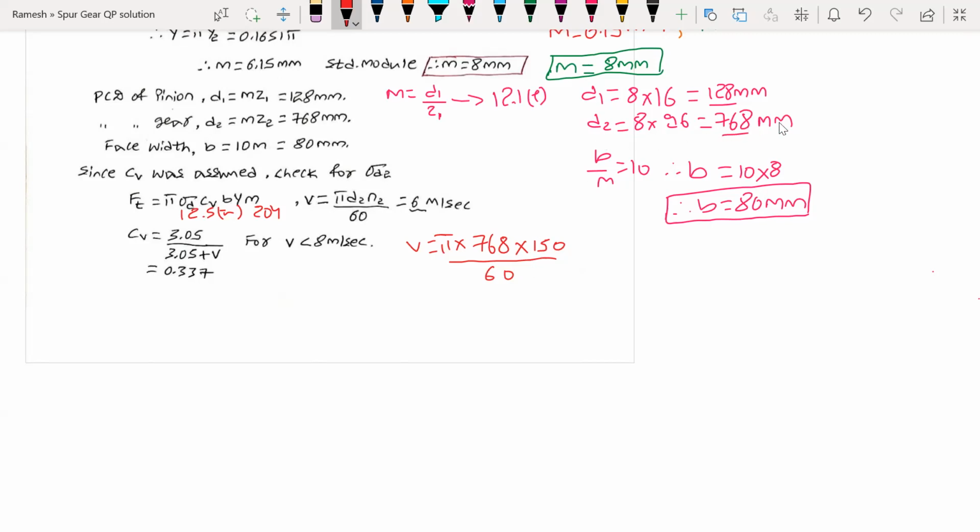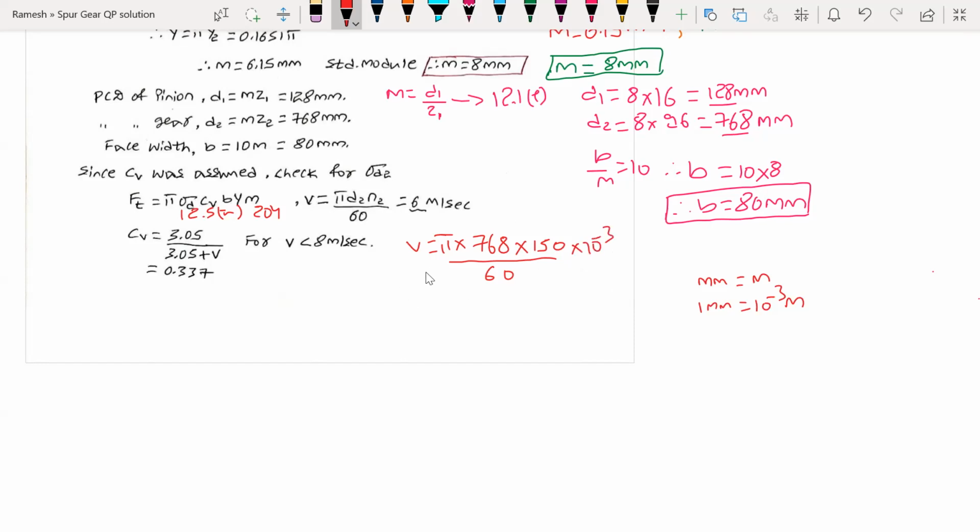Whereas the D2 which you have calculated is 768 mm. It has to be converted into meter, which means you need to multiply that with 10 raised to minus 3. 1 mm is equal to 10 raised to minus 3 meter. Therefore, to convert this D2 into meter, we multiply that with 10 raised to minus 3.